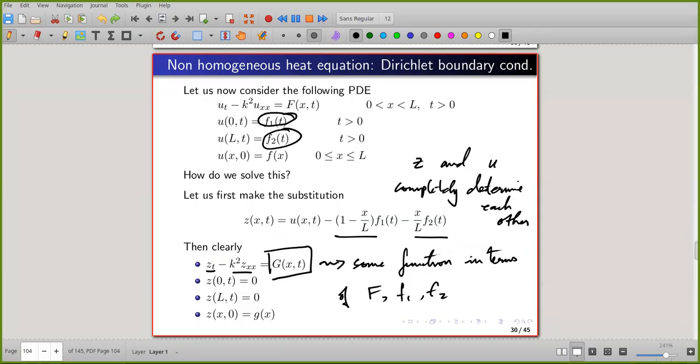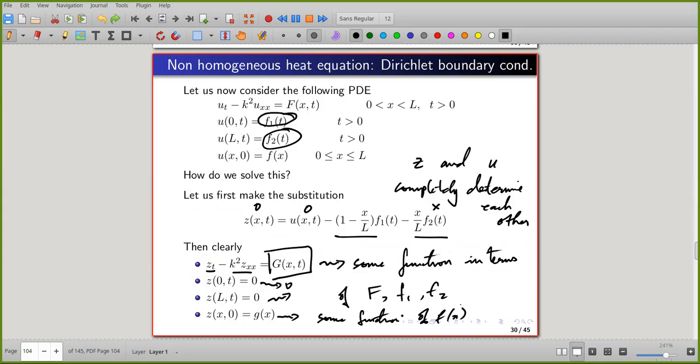And when we put x equal to 0 in z(0,t), this term vanishes, and we have u(0,t) minus f1(t), and that is 0. So z(0,t) satisfies this condition. Similarly, z(L,t) satisfies this condition, and z(x,0) is going to be some g of x, in terms of f of x.